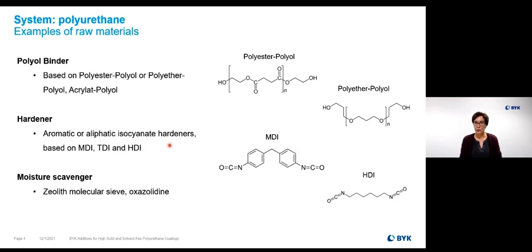And later on in this presentation, we will also see what is the main difference between these types of hardeners and what can be a challenge when using the different ones. And we also have moisture scavengers. And when we talk about pigmented systems, we also have, of course, pigments, we have solvents and all other raw materials which are available for these systems.